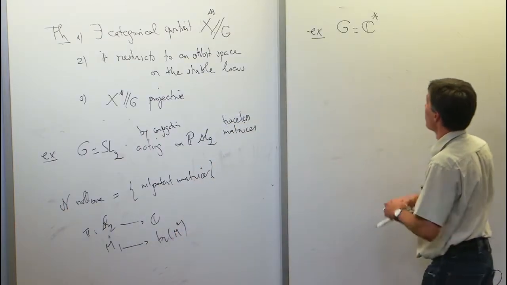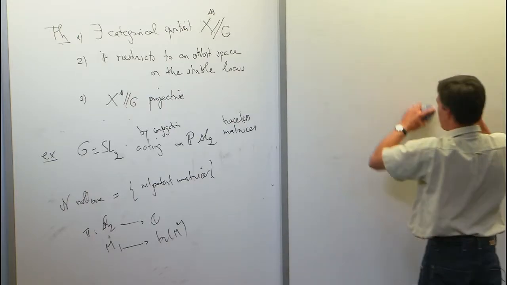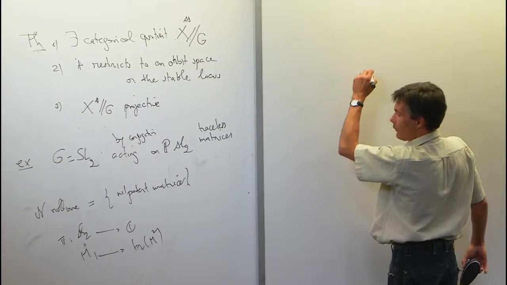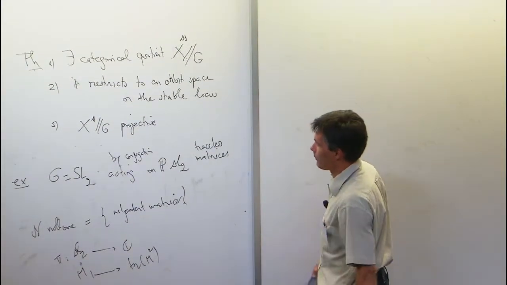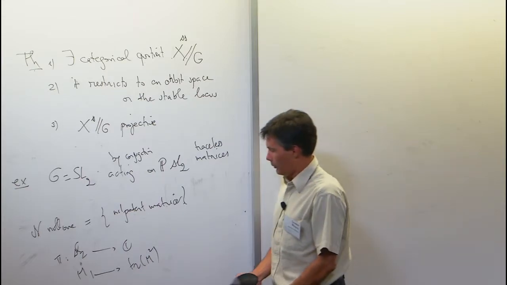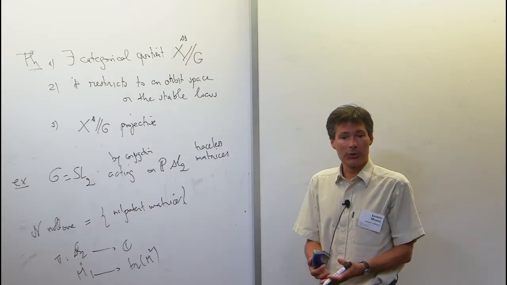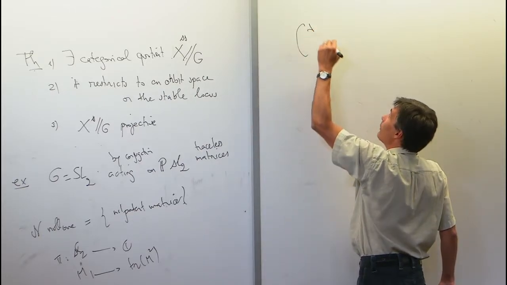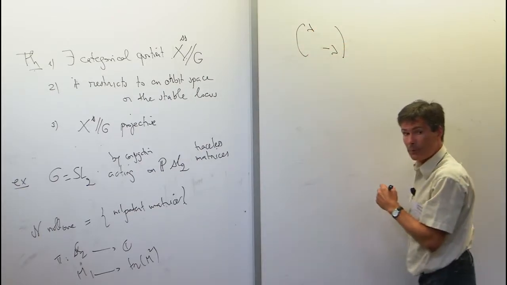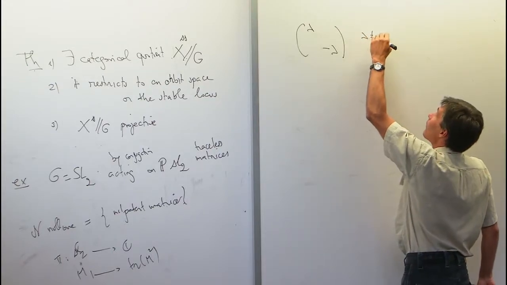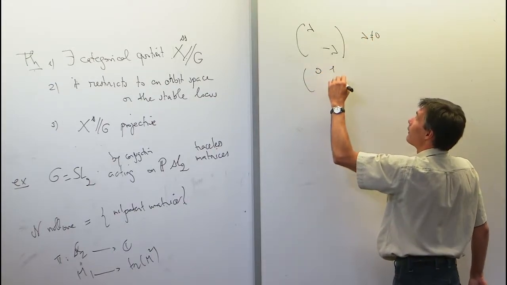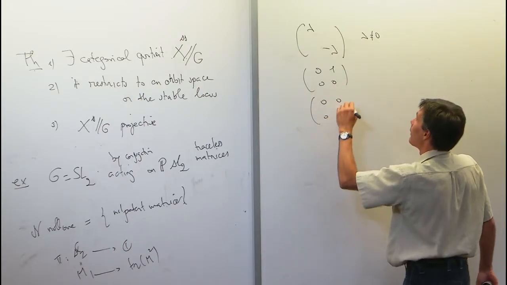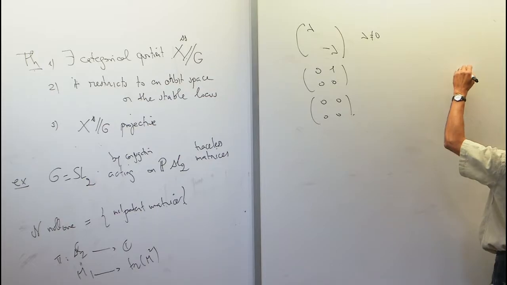I wanted to mention this example because, according to the Jordan decomposition, your matrix is either diagonalizable with non-zero eigenvalues, or of this nilpotent form, or it's zero.